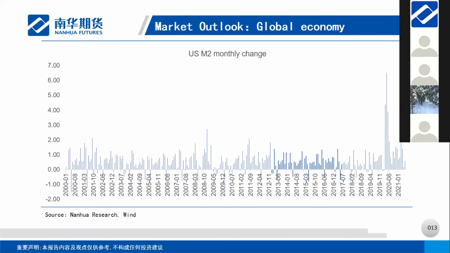In order to cope with the impact of the epidemic on the economy, the United States stimulated economic growth through loose monetary policy and fiscal policy. The Fed restarted unlimited QE in March 2020. And as we can see in the graph, US M2 monthly growth reached a peak since the new millennium.